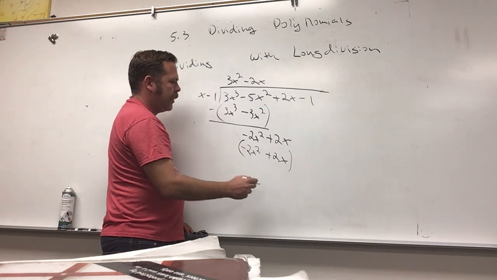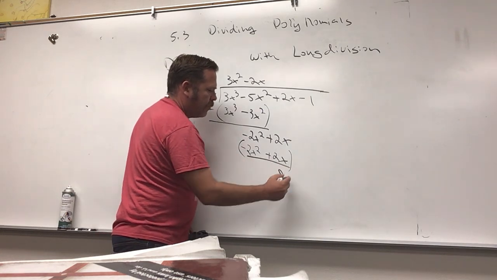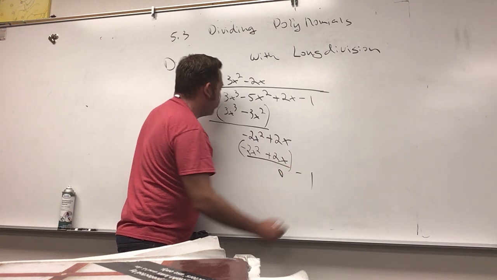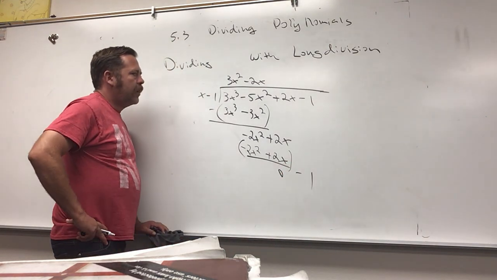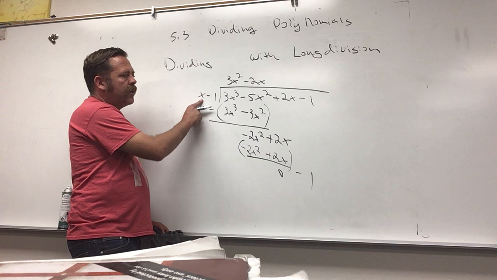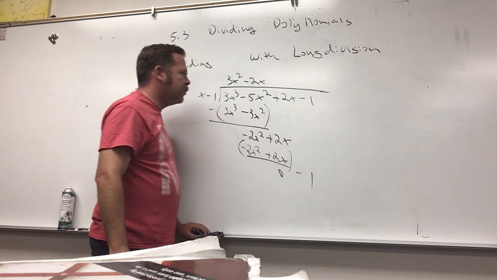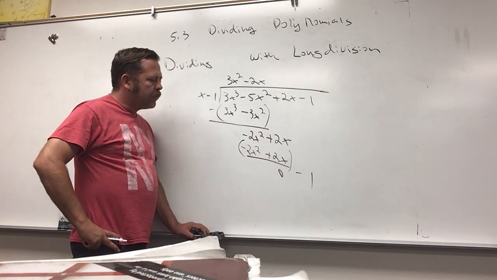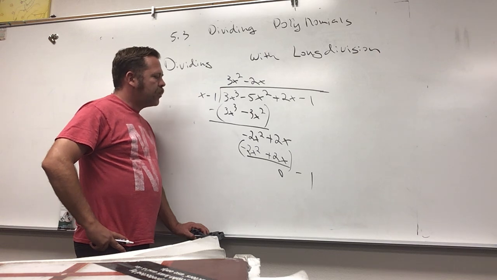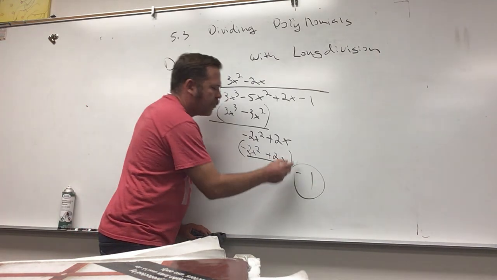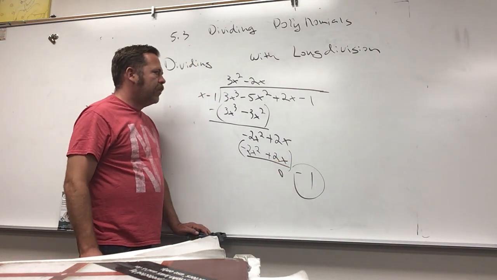And then I get 0. And then I'll bring down the minus 1. And then, can x go in to minus 1? I don't think so. So our remainder is going to be minus 1.